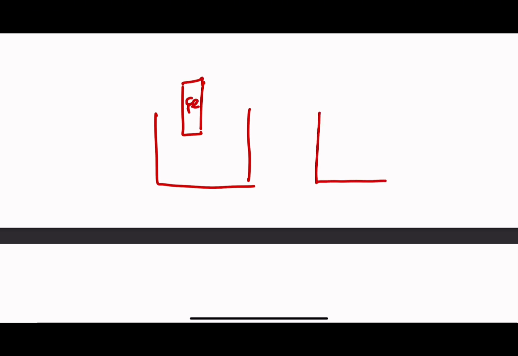So if I quickly show, we have iron in here, and then we're going to have copper in here. I will connect them through the voltmeter, and I need to put solutions here.